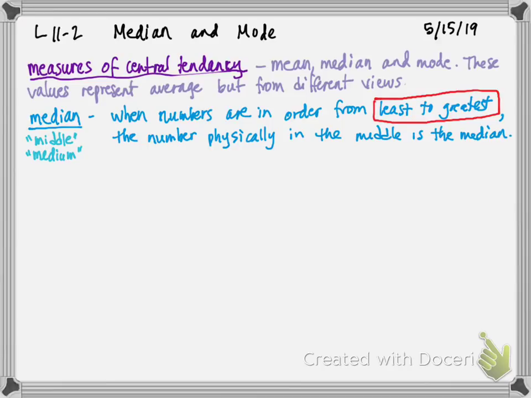So I'm going to go back and also highlight the word physically. So mean was mathematically in the middle. Median, after the numbers are put in order from least to greatest, is going to be the physical middle. Now, there's two scenarios that can happen. Scenario one, you can have an odd set of data.